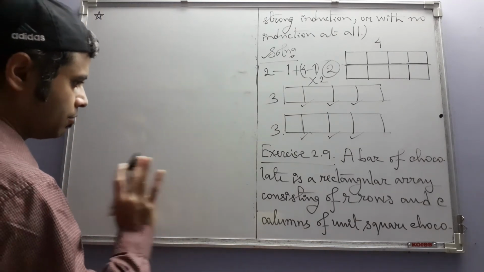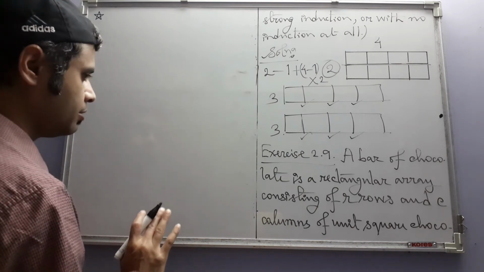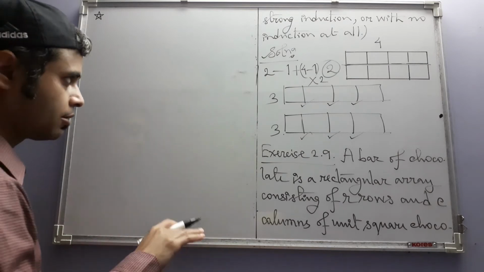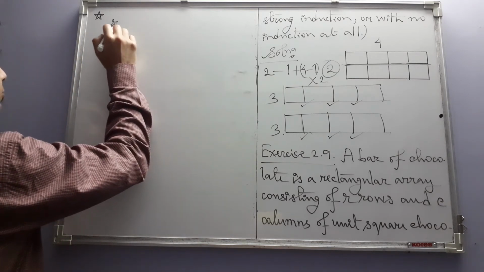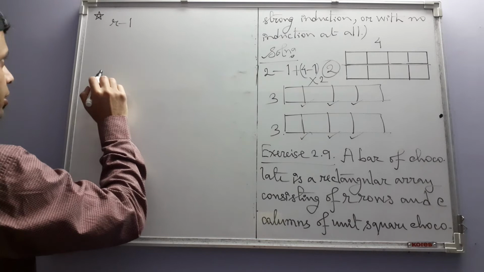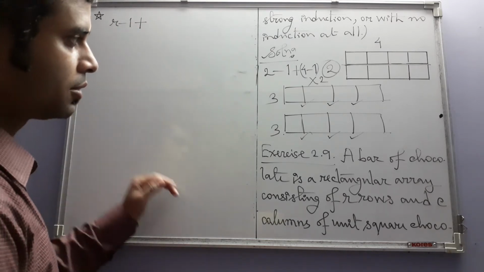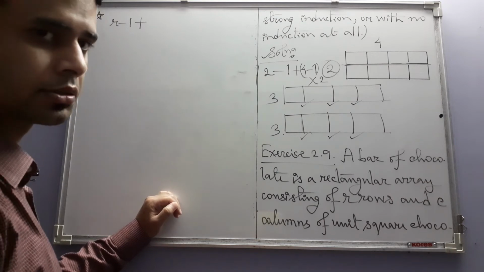So we have R rows and C columns. So first, if we perform the horizontal breaks, then the number of breaks is the row number minus 1, plus then we perform the vertical breaks.